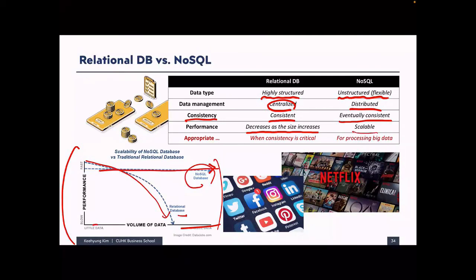It means that we can add more servers, and if we have a distributed system, multiple servers can handle multiple requests at the same time. So it's scalable. Speed will not decrease. So a relational database is usually appropriate when consistency is critical, and NoSQL is better for processing big data, where consistency is less critical.